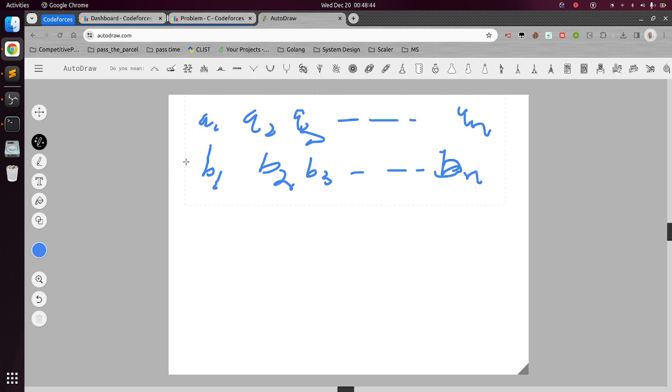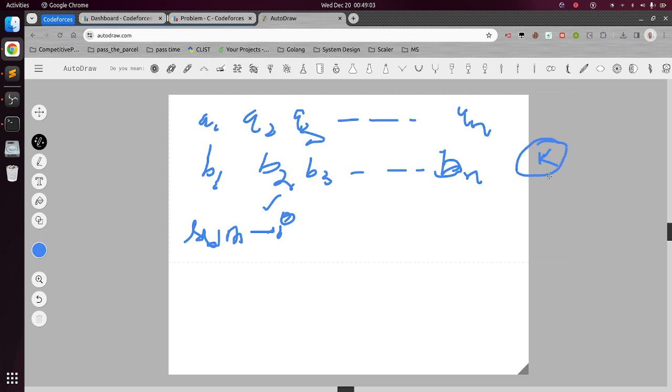At any particular ith quest, you have a sum till the ith quest, which is the maximum sum you could have obtained so far. And k is your maximum number of quests, and you are standing on some ith quest.